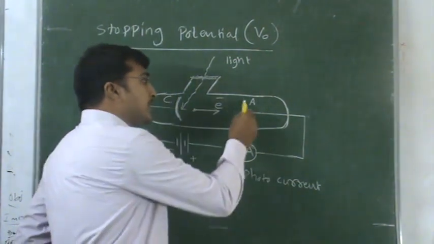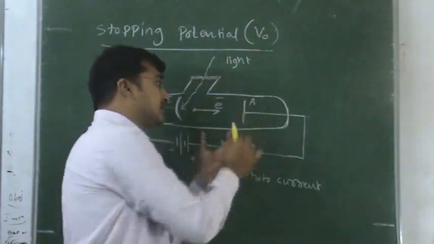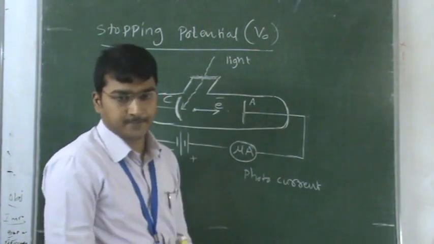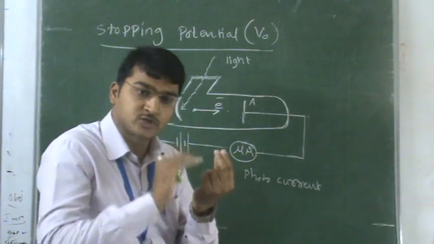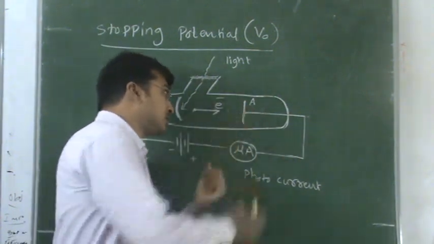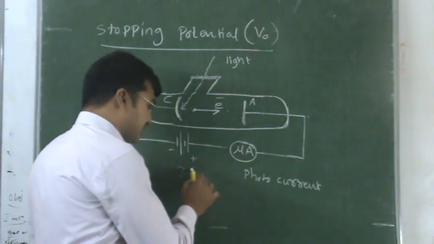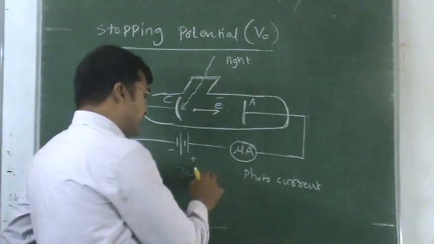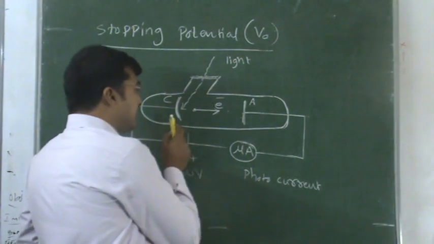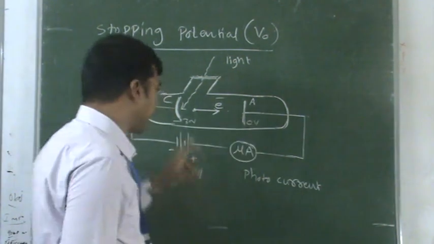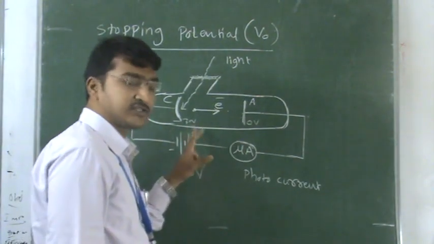Let us assume there is some X amount of positive charge connected to the anode plate. Now I am reducing that positive potential. Let us take an example of 30 volts, this is only an example. So this is minus 30 volts and this is 0 volts, that means the potential difference between them is 30 volts.